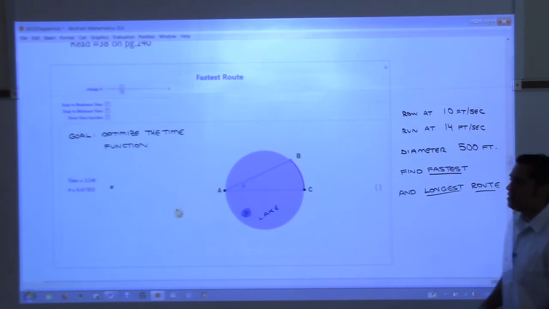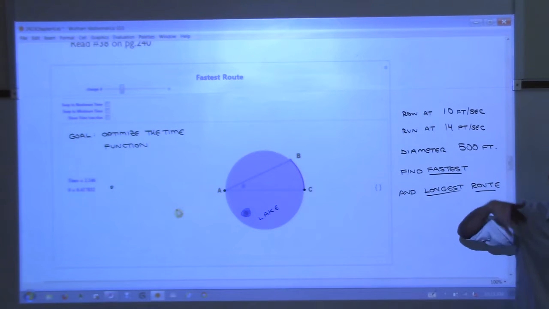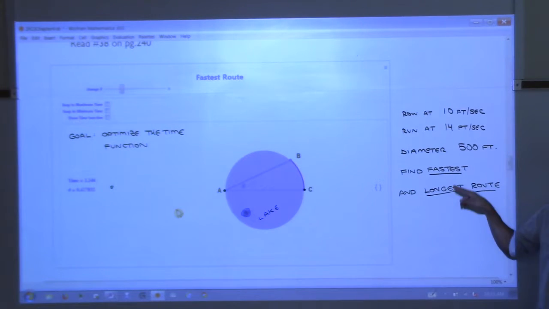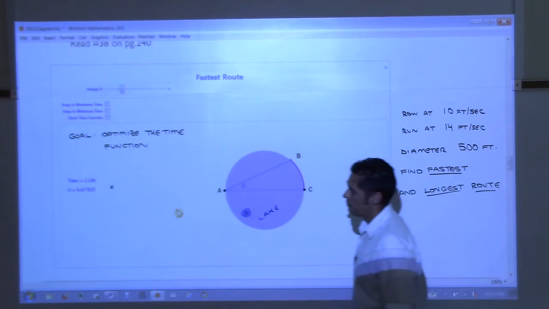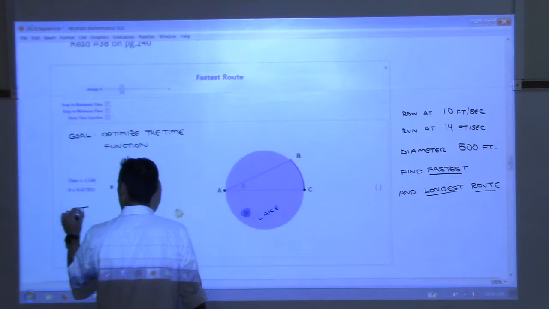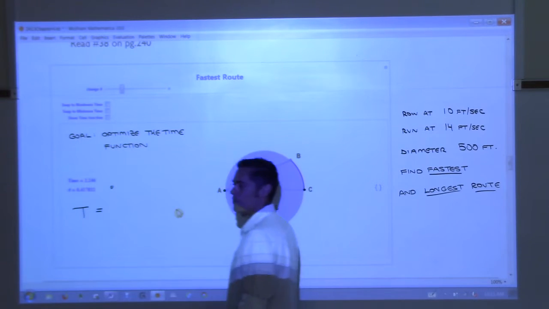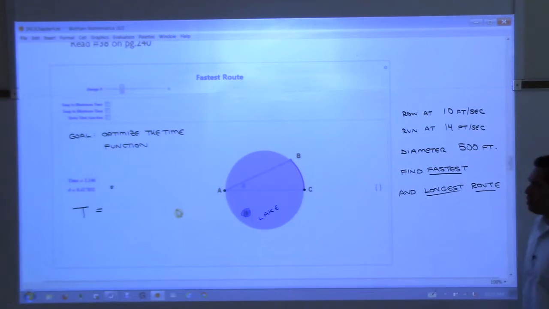But here I put optimize because normally I would put minimize or maximize, but in this one I want both. I want both the maximum time and the minimum, right? So let's try and come up with a time function, t. This is the hardest part of the whole problem, is the actual function.